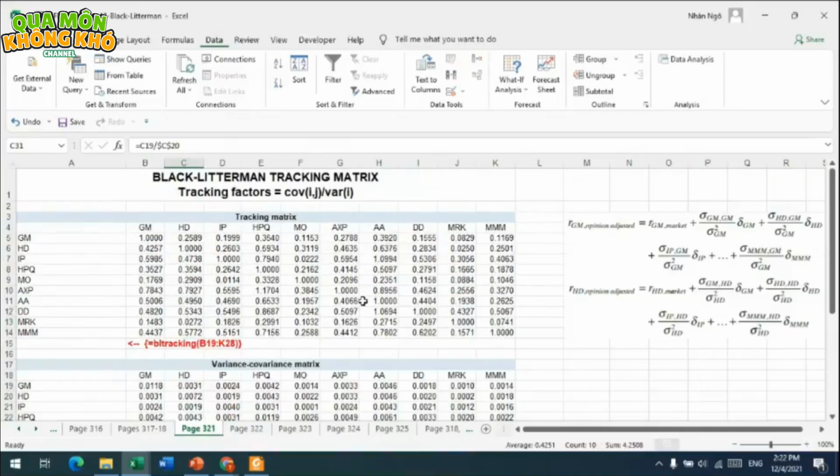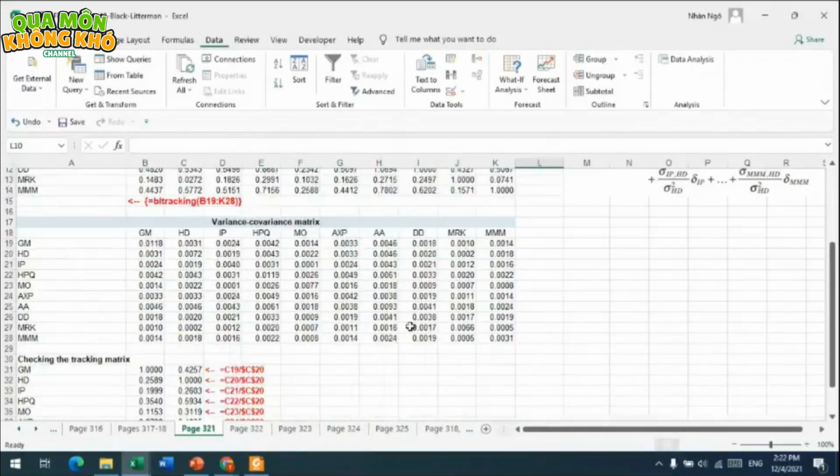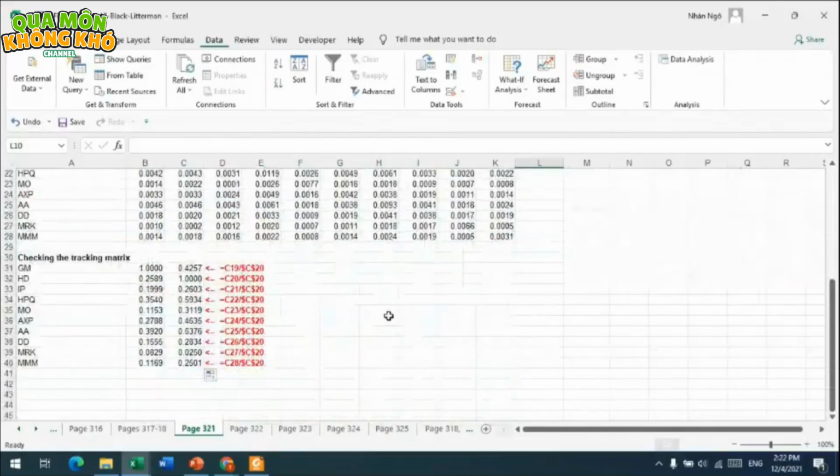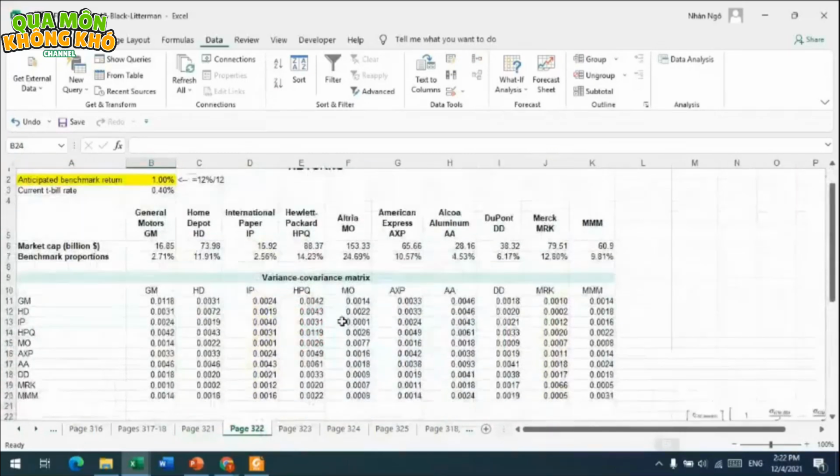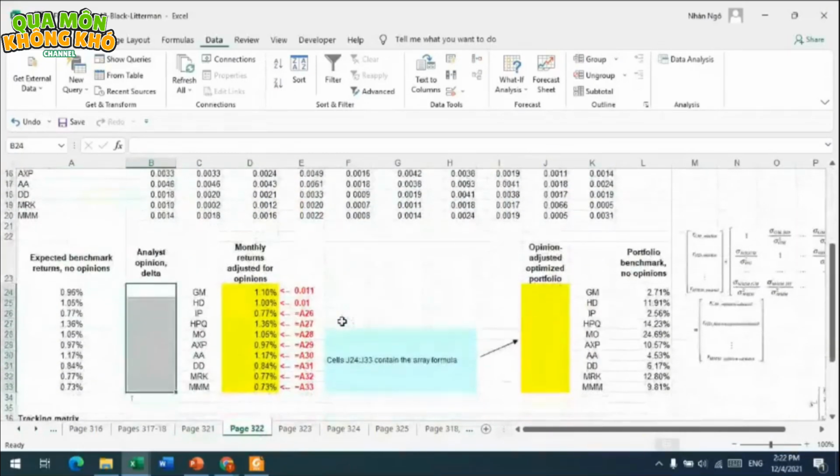And let's check again. Yes, this column also equals the second column in this matrix. So the checking matrix is right. And now I will introduce you to the multiple opinions.